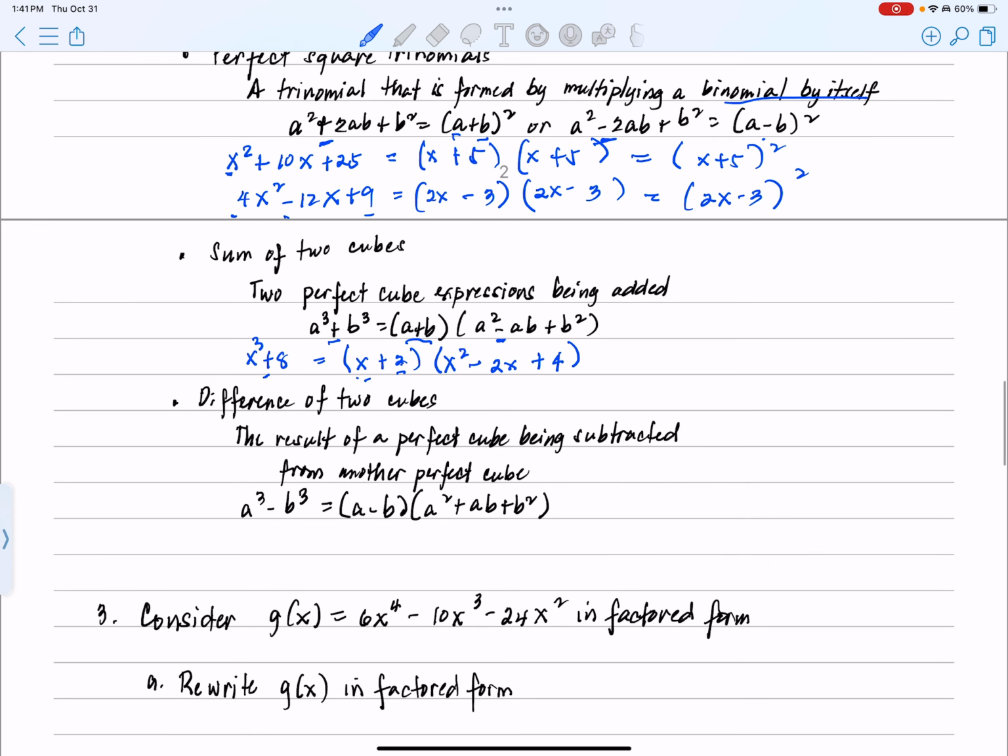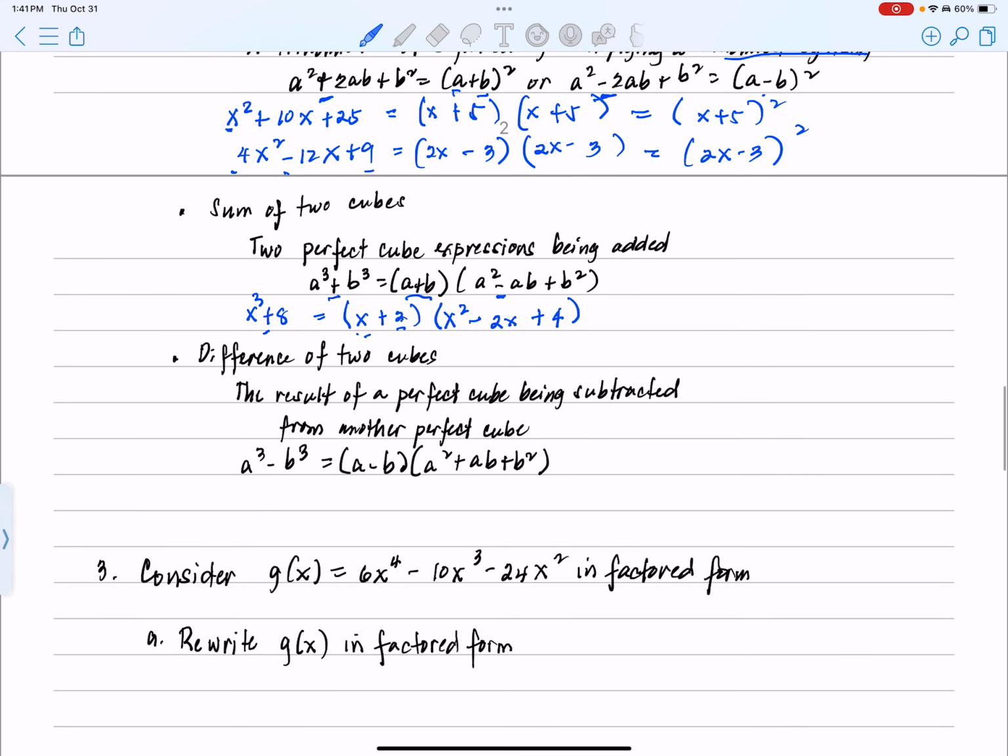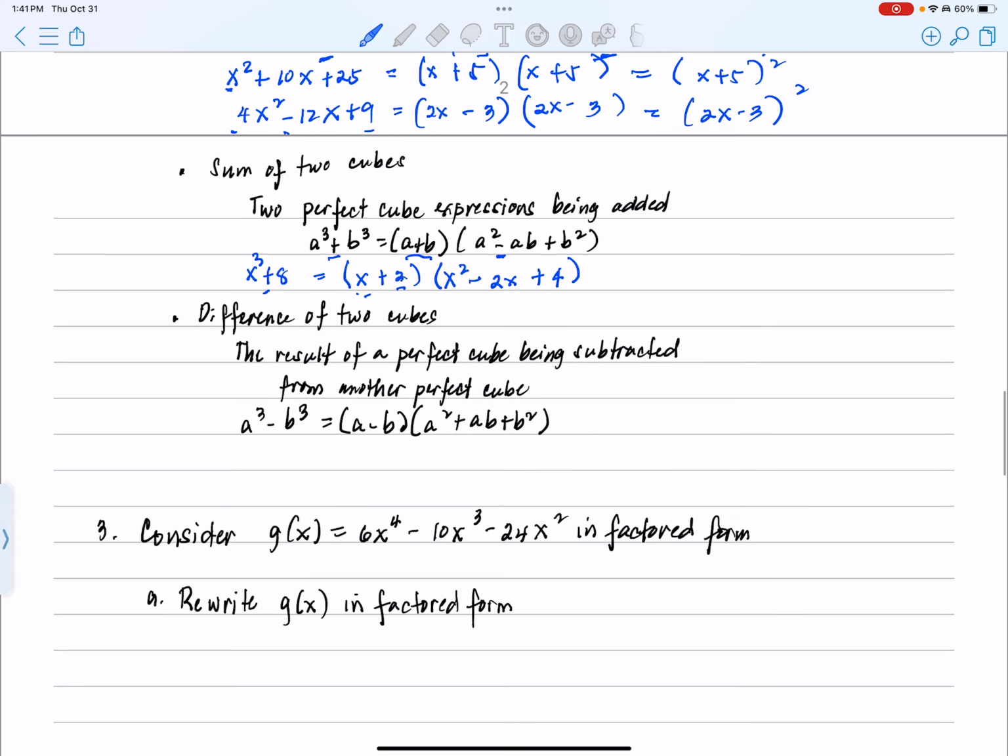Difference of two cubes, the result of a perfect cube. If there is a sum, then there is also a difference. So what's the difference here? When you factor out, they have the same sign, but the polynomial, the second factor, has the inverse or the opposite sign.